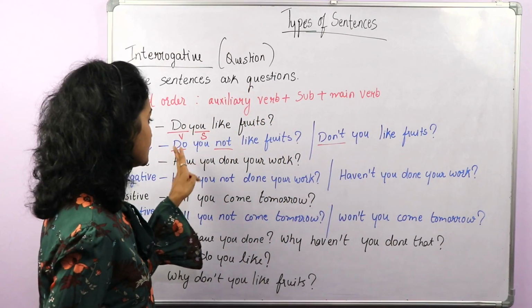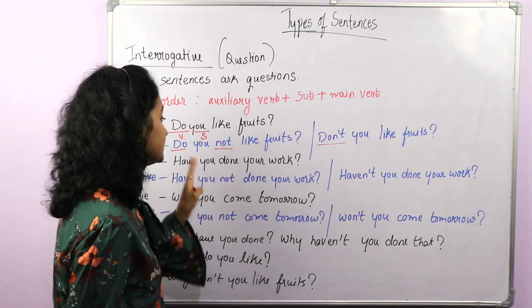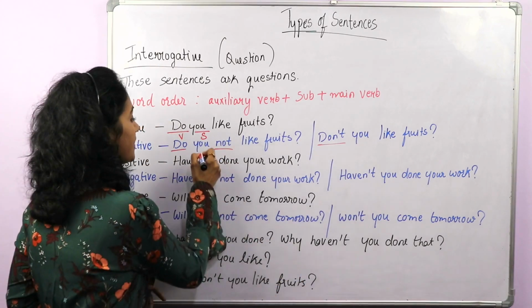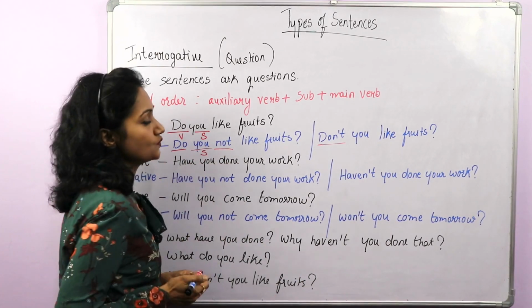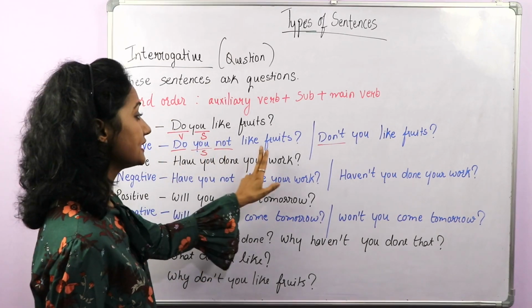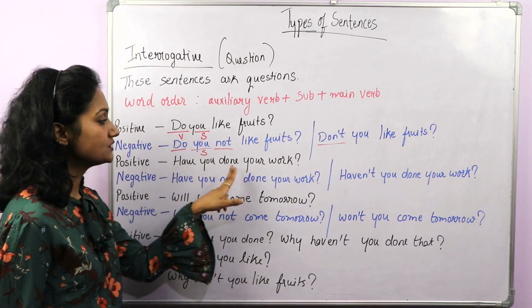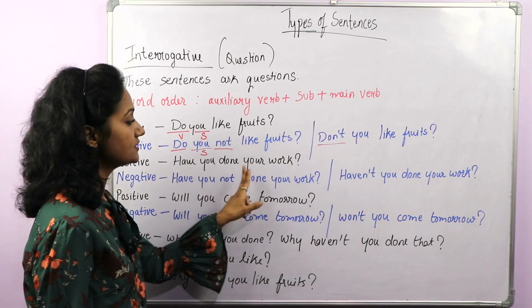But if you want to use an expanded form, do not separately, then not will always come after the subject. This is the rule, so just remember this. Do you not like fruits? Don't you like fruits?